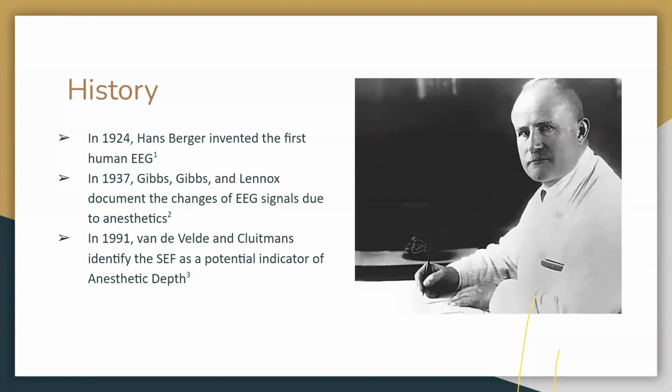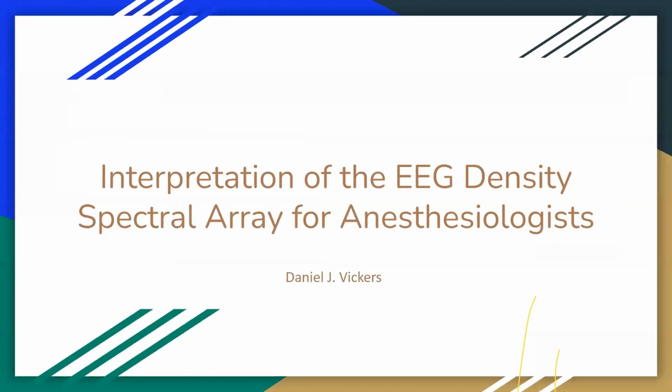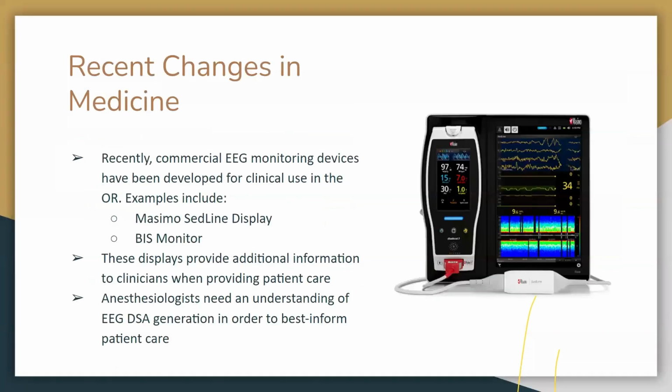And particularly it was in the 90s when we started extracting individual values and information from the EEG that might be useful in the clinical setting. The big change going on now is clinicians now have access to this technology directly in the OR. So that's a more recent change that's coming.